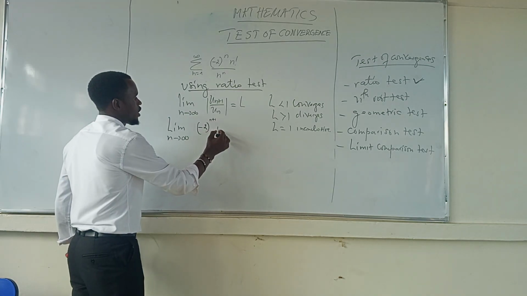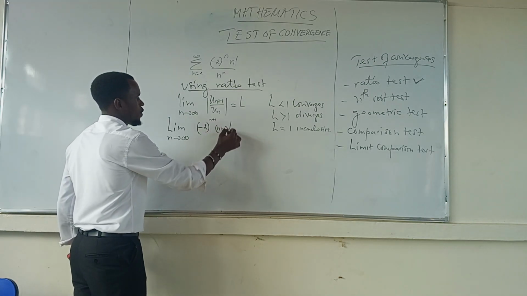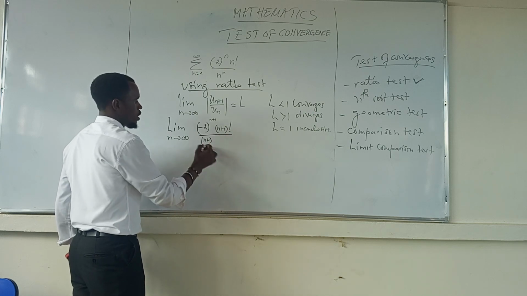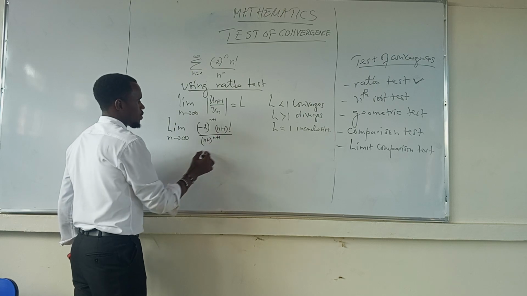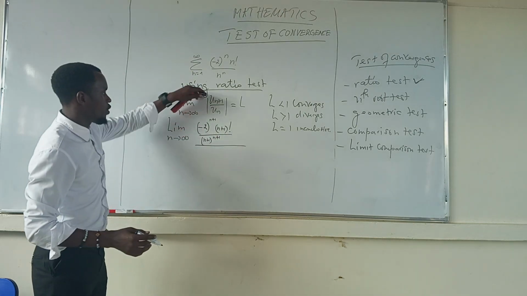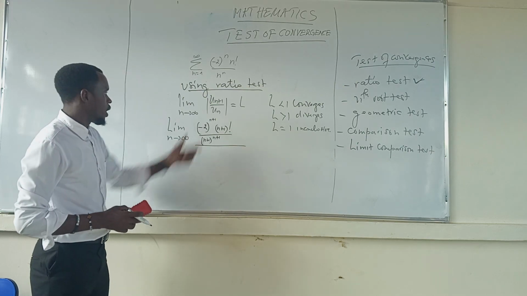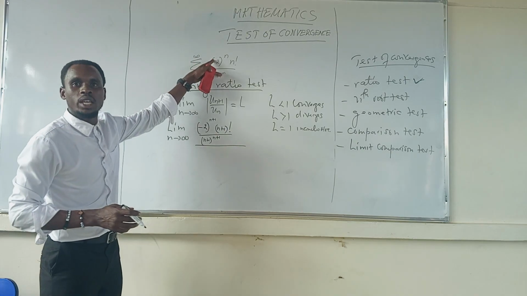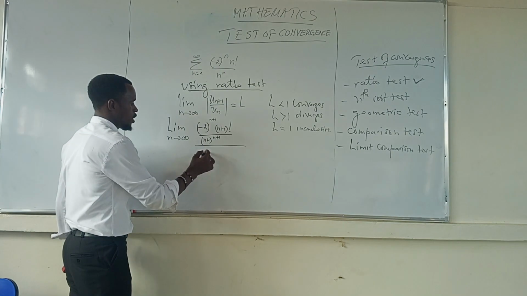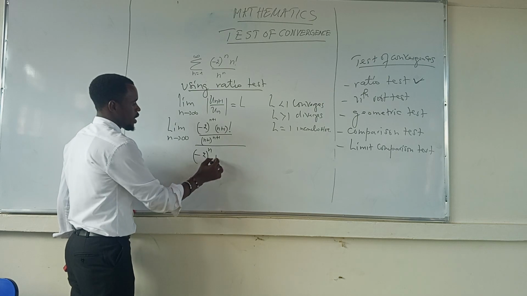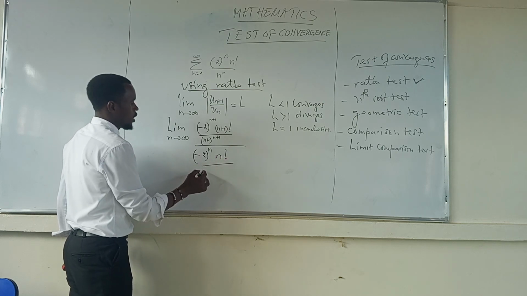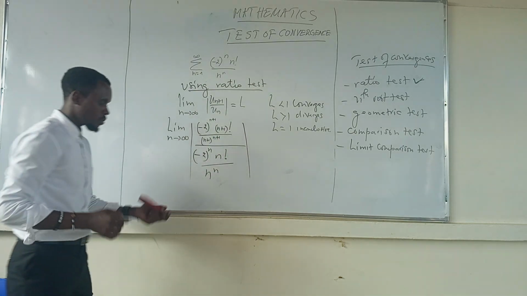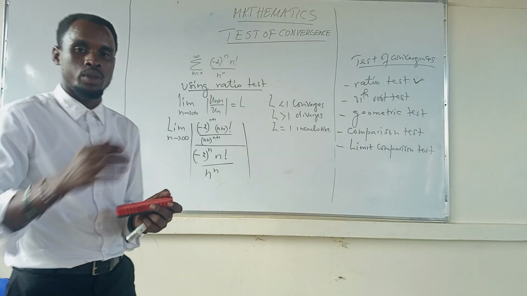And here I'll get n plus 1 factorial over n plus 1 power n plus 1. This is the value for u n plus 1, and I'm going to divide by u n. For u n, I will copy my series as negative 2 power n times n factorial over n power n, and in absolute value. This is just what we are going to evaluate.